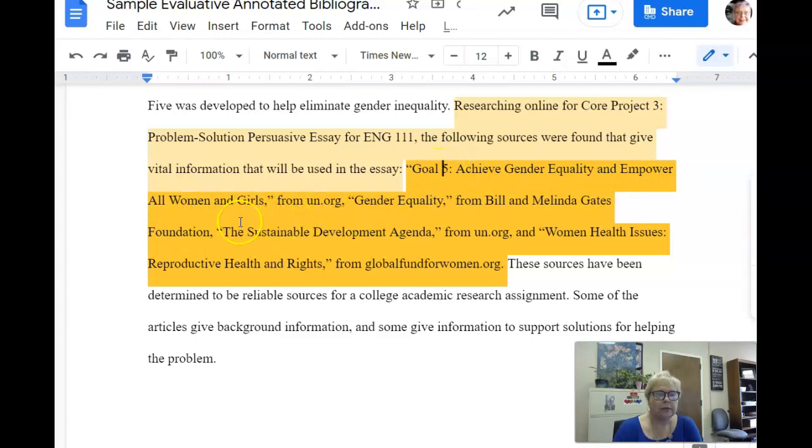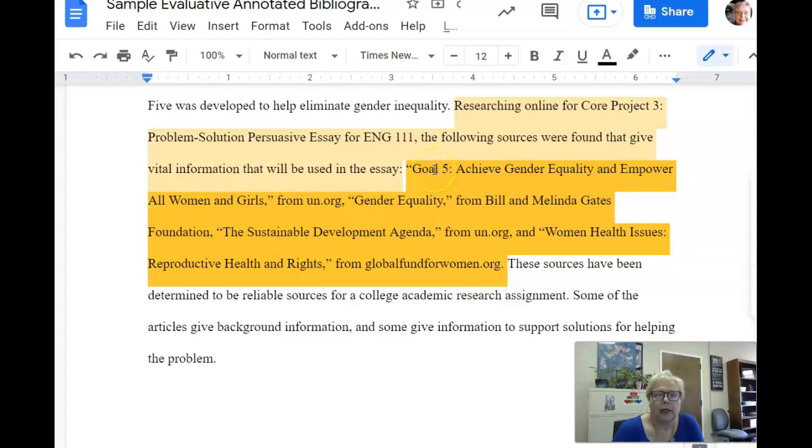That's the title, and I got it from UN.org, comma. Gender Equality from Bill and Melinda Gates Foundation, comma. The Sustainable Development Agenda from UN.org, and Women Health Issues, Reproductive Health and Rights from Global Fund for Women.org.